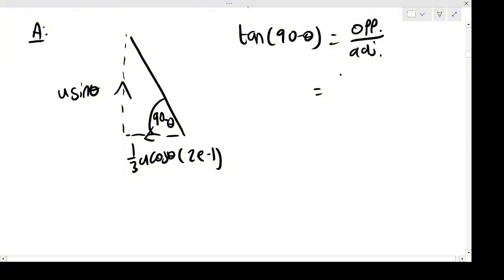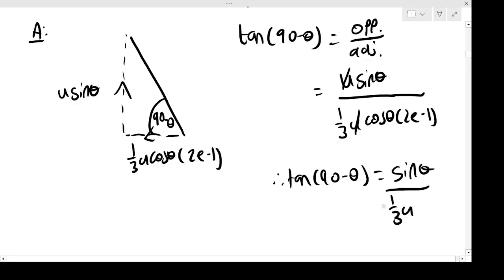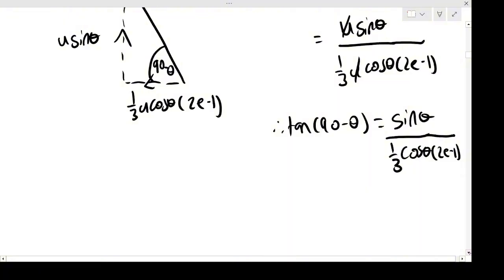The opposite is u sine theta over the adjacent of a third u cos theta of 2e minus 1. Well, actually, the u's cancel. So therefore, tan of 90 minus theta is sine theta over a third cos theta of 2e times by 2e minus 1. Okay, and we can simplify this even more.